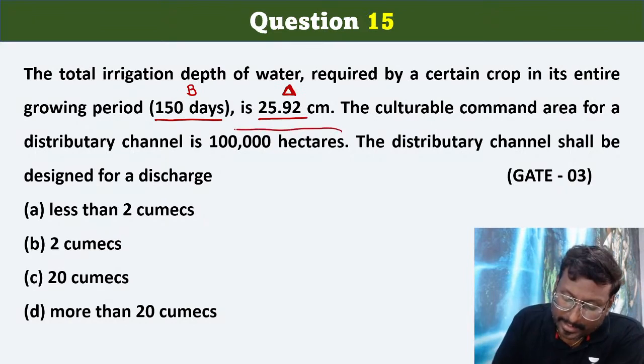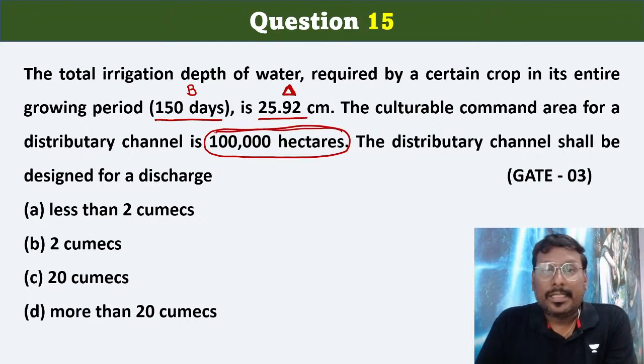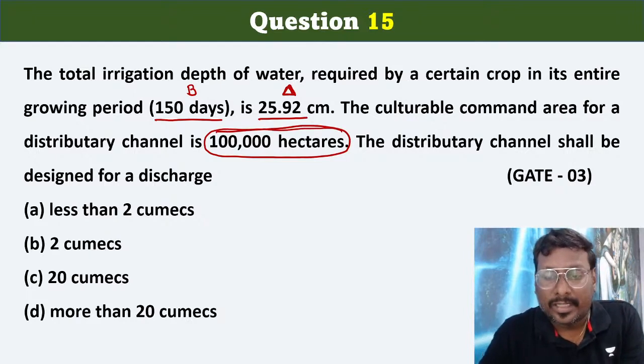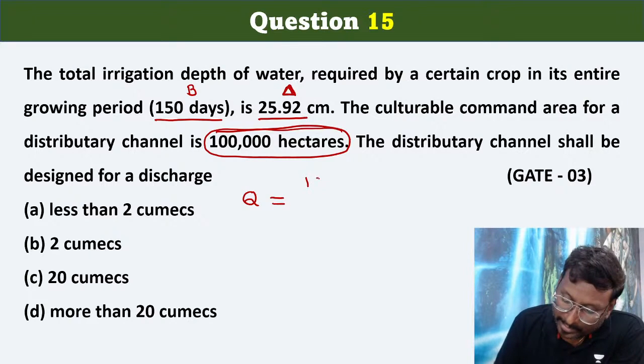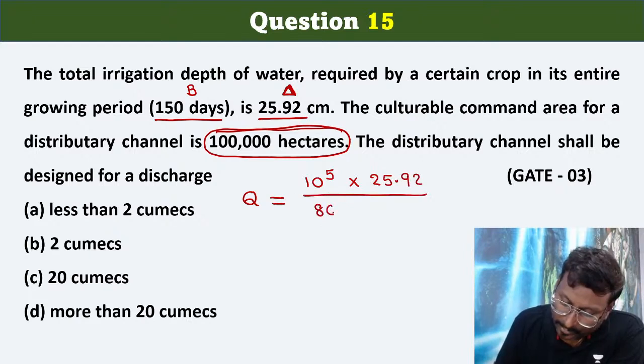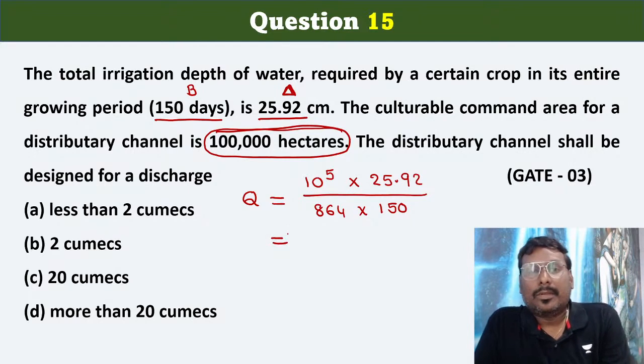Distribution channel can be designed for a discharge of Q. Area 1 lakh hectare, delta 25.92, 864 into 150. What are you getting?